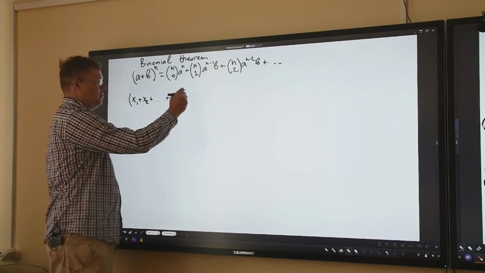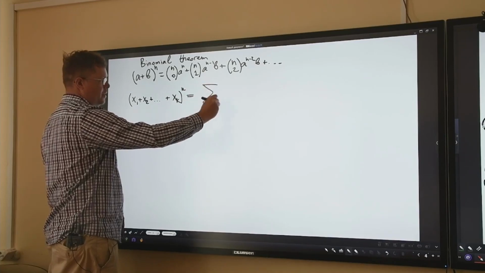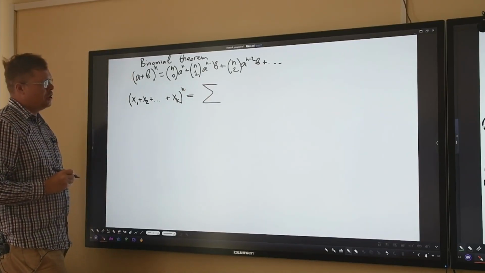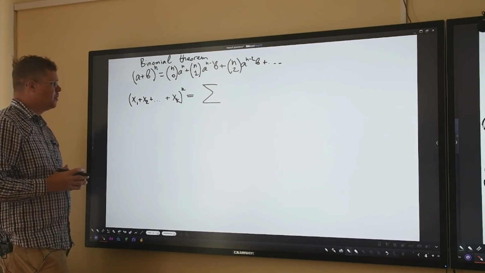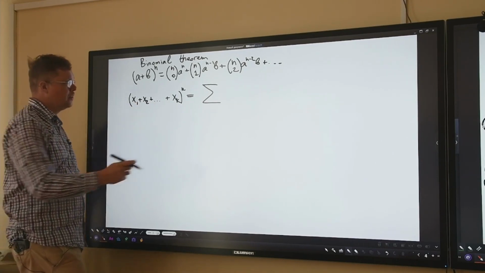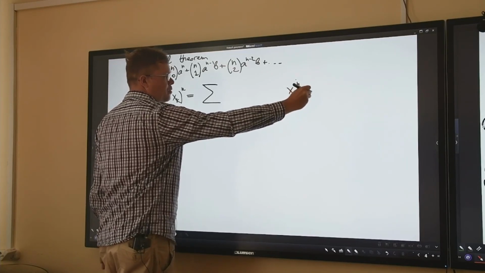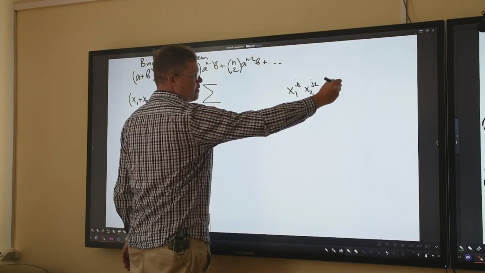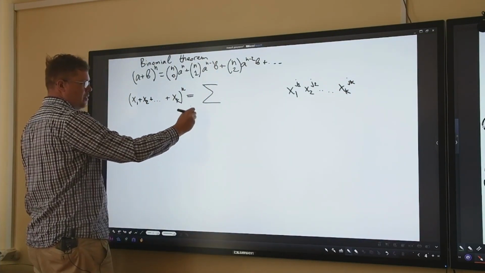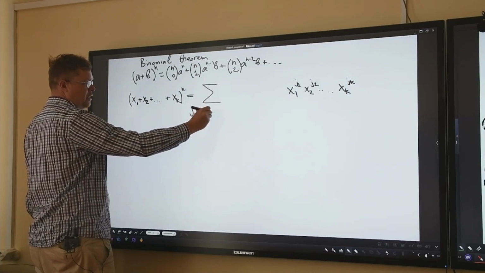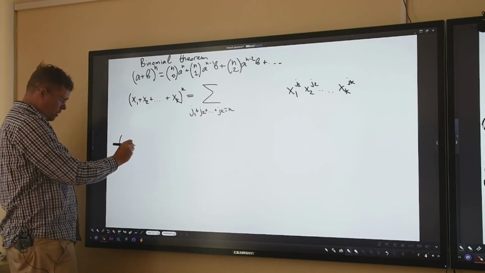Again, I will have a sum in which I have all possible monomials consisting of these variables. So here I have x1 to the power g1, x2 to the power g2, etc., xk to the power gk, such that g1 plus g2 plus etc. plus gk is equal to n.